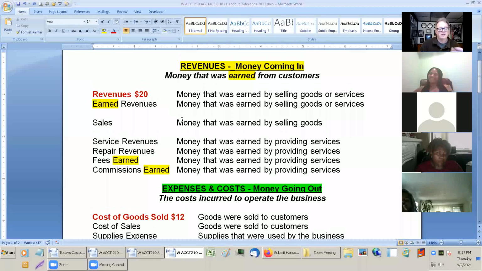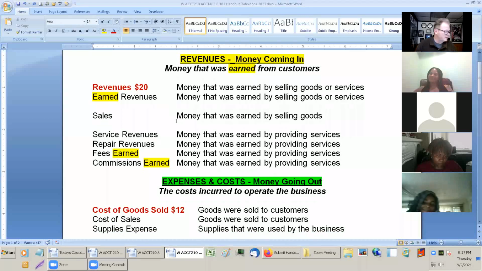I'm sorry. Okay, so let's say that I sold this thing. Say I paid $12 for it and I sold it for $20. The 20 would be money coming in. So whoever buys it hands me a 20. My cost on it is 12. Now they're going to leave with this thing. I paid $12 for it and they're leaving with it. So it's not really cash going out, but the goods are going out.